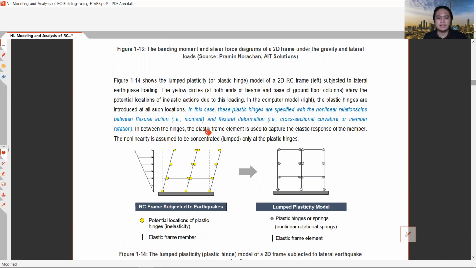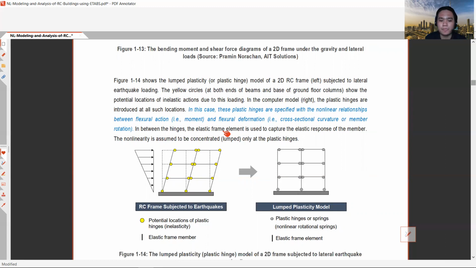So in between hinges, the elastic frame element is used to capture the elastic response of the member. So then the nonlinearity is assumed to be concentrated only at the plastic hinges. Okay. So in this process, based on my understanding, the location at which the plastic hinges or the inelastic deformation is only at the location or at the region where the high bending moments is expected to occur. Okay, so for example, for the beam and the column, dun siya sa may ends.